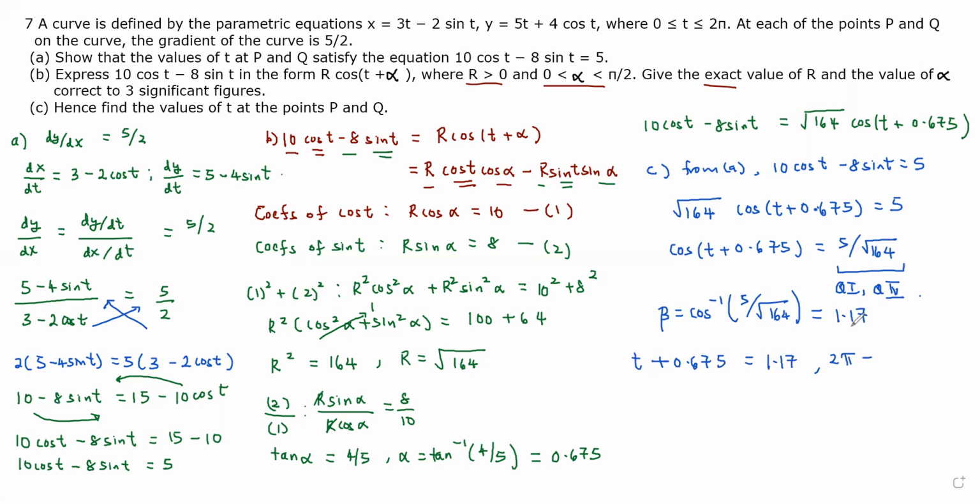Fourth quadrant is 2 pi minus beta, which is 5.11. So we have 1.17 and 5.11. t now is 1.17 minus 0.675, or 5.11 minus 0.675. Then we found t to be 0.495 and 4.44.